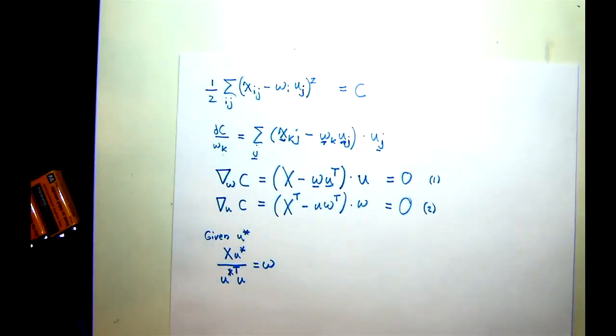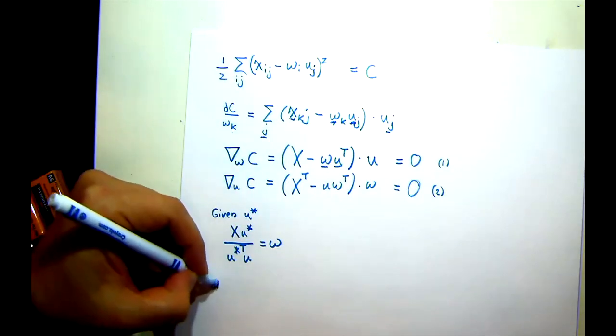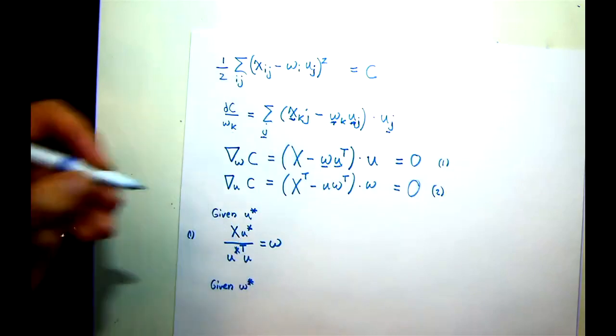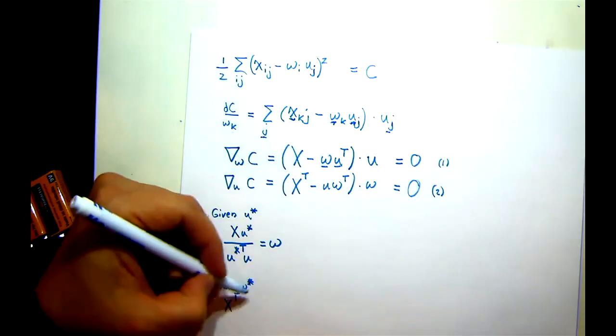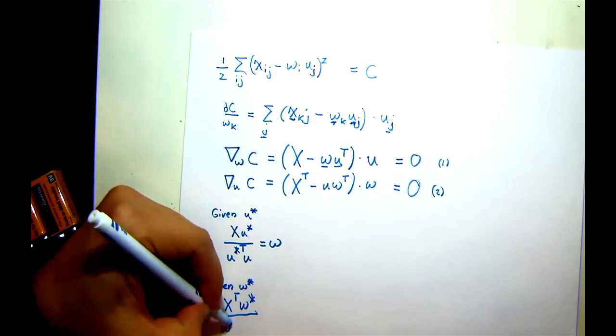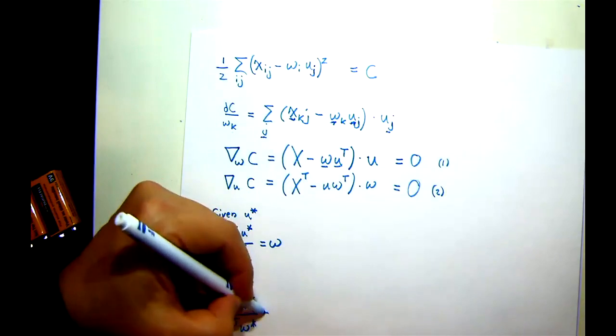So that's the solution for w if we knew u, corresponding to equation 1. And similarly, if we knew some w star, we end up with x transpose w star over w star transpose w star is equal to u.